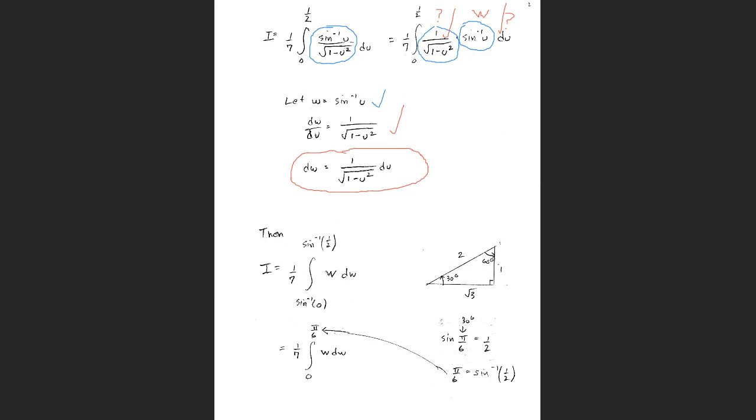The integral then is simply going to equal the integral of w dw. And of course, I have new limits now. Since w is equal to the arc sine of u, my new limits are going to be the arc sine of a half and arc sine of 0. Are there any questions up to here?